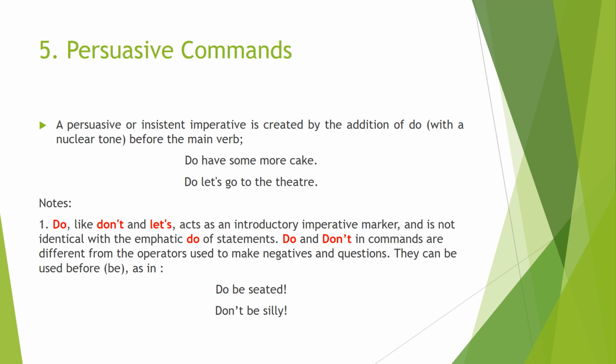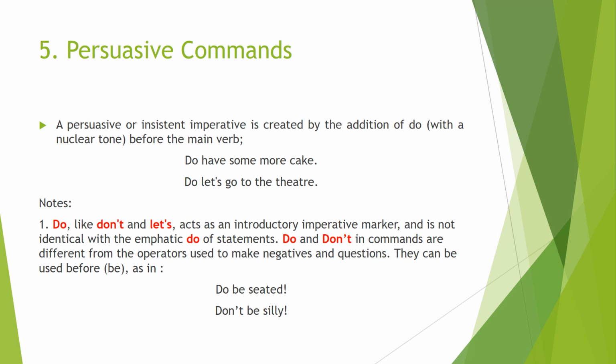Also, we have to differentiate between do and don't at the beginning of commands and the do and don't that are the operators that we use to make questions, or to make sentences negative. They are not the same. How can we differentiate between them?